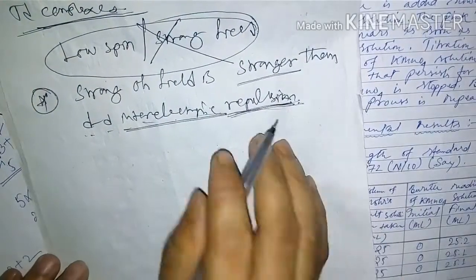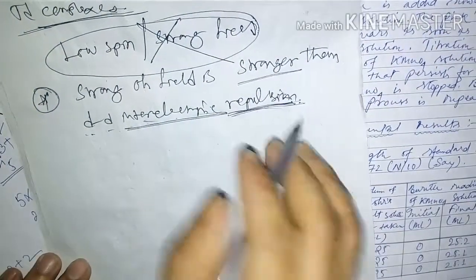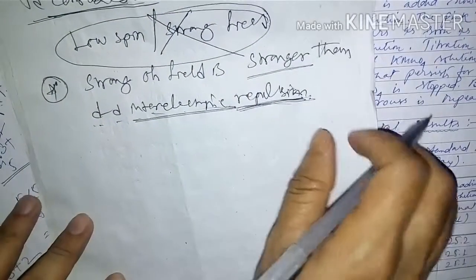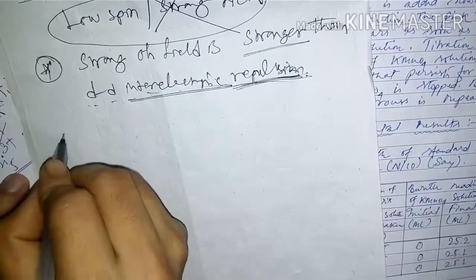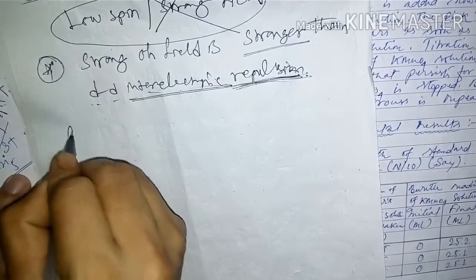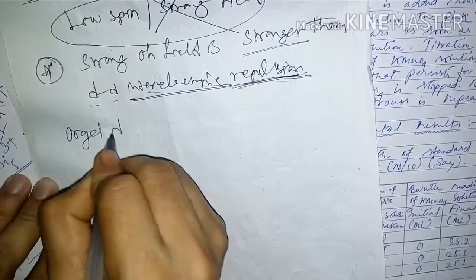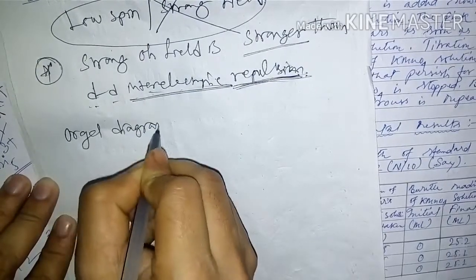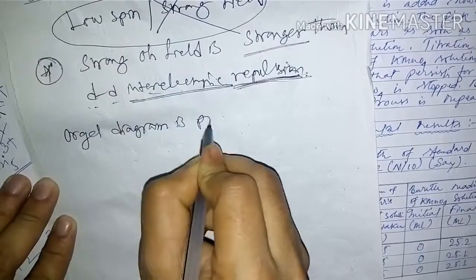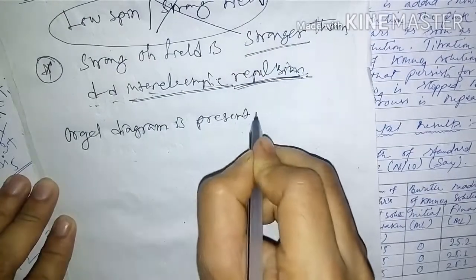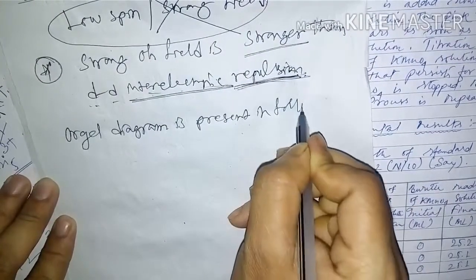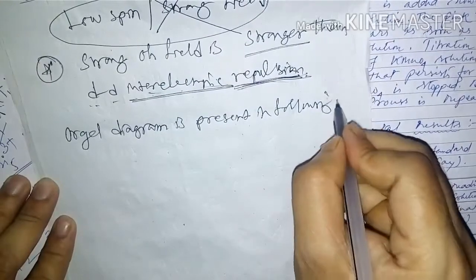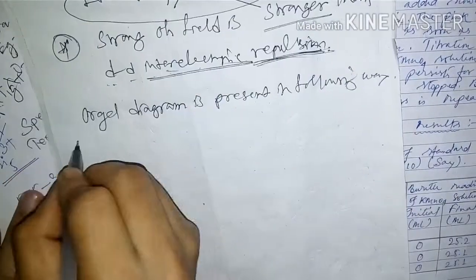Okay, now this is the criteria. The Orgel diagram is presented in the following ways.